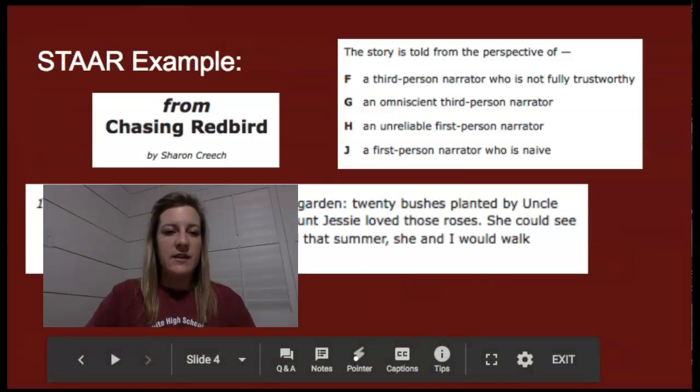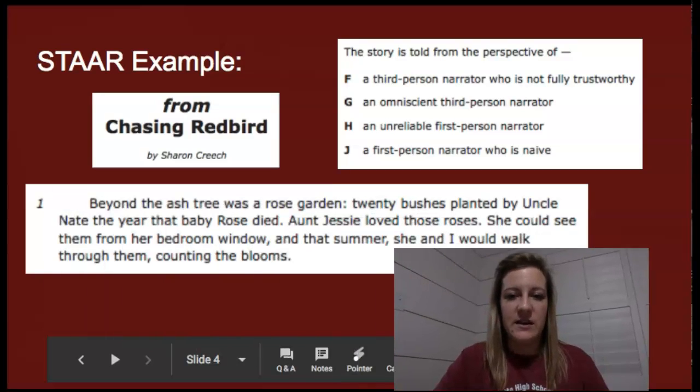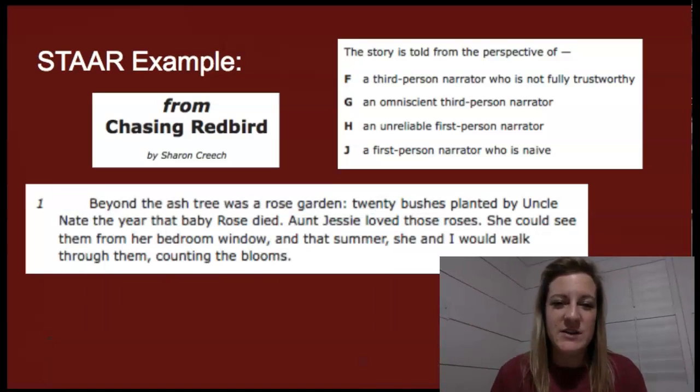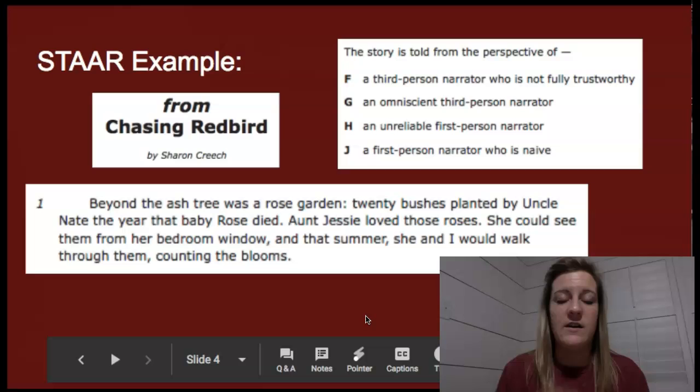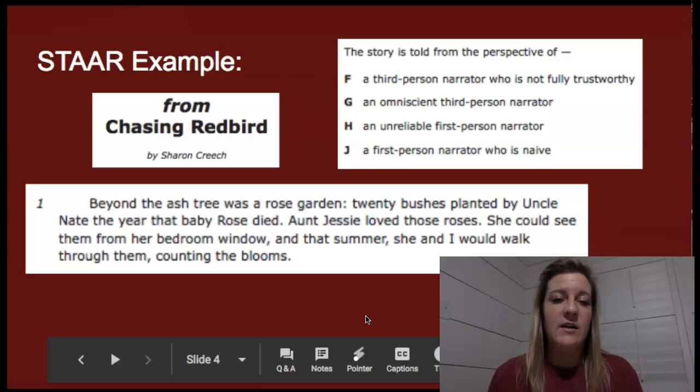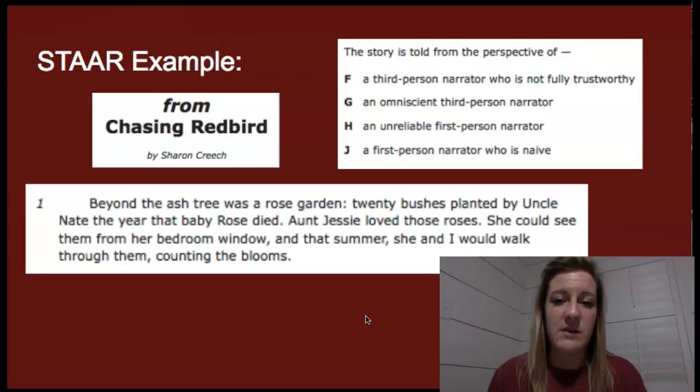So the only other thing really to do to help you with this standard is to answer a question. It's pretty straightforward as far as knowing what the standard is asking of you. But it does state being able to analyze and being able to identify different parts of the story based on the point of view. So here's an example of what that might look like on a test.